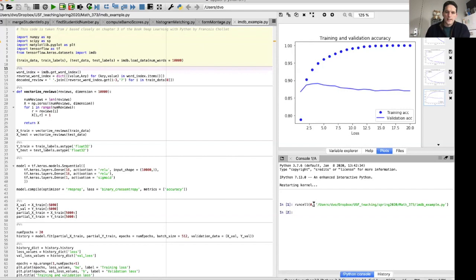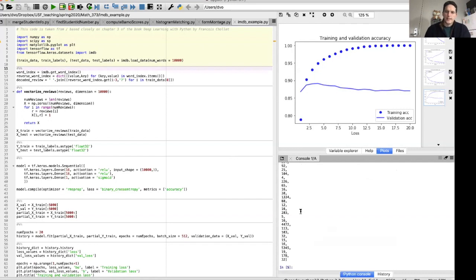Takes a minute. Okay, and let's see what we've got. We've got something called train data, and it is just a NumPy array. It has 25,000 entries. Let's look at the first entry. Each entry is a list of numbers.